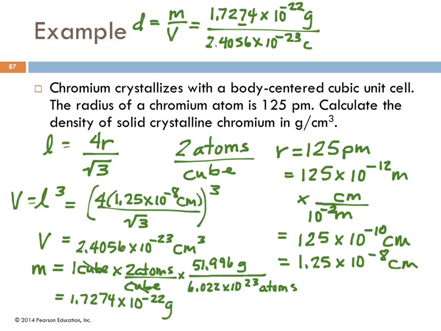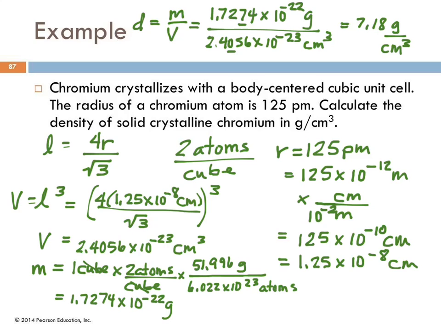How many sig figs does the volume number have? 3. So then our answer is going to have 3. So we've got that guy divided by this guy. So 7.18 grams per cubic centimeter.